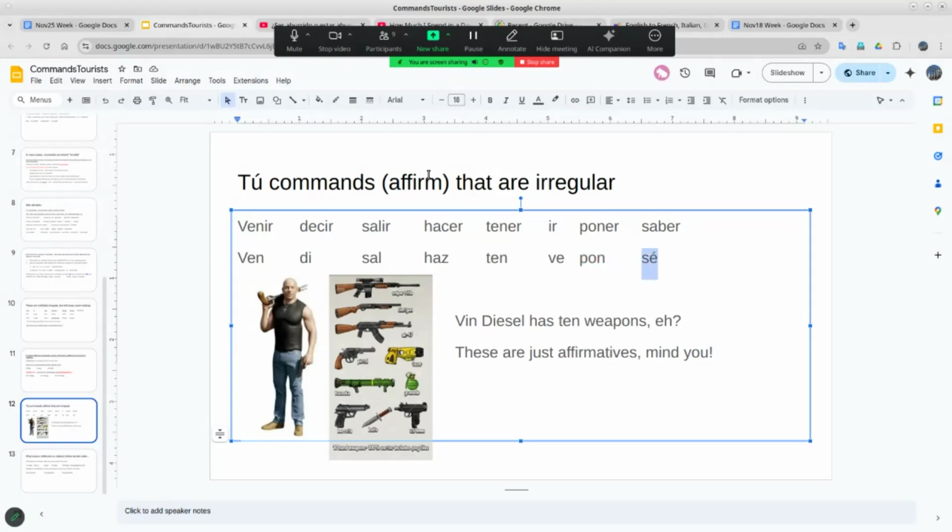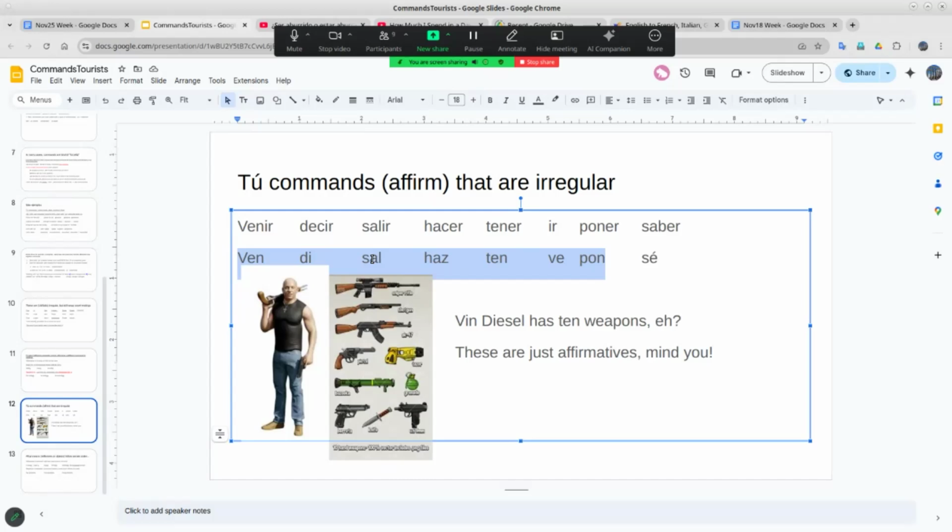And this one, you're not going to use it much. Saber. You tell somebody know it. Nah. You know what? So yes, it exists, but we're not going to practice it because you're not going to use it. Ven, di, sal, haz, ten, ve, pon. Bien. Ven, di, sal, haz, do it.